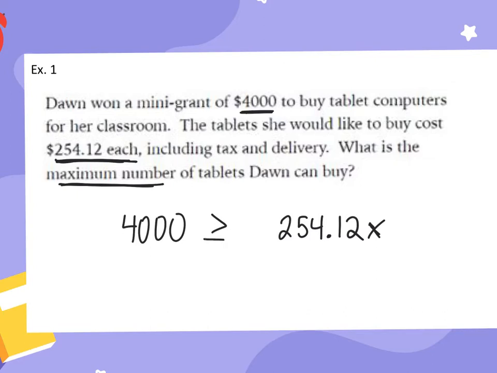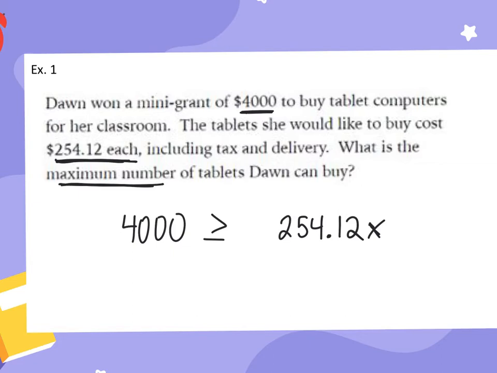So we should have put x on the left, but that's okay. We could flip it. We want our $4,000 to be greater than or equal to the amount we're spending on tablets. So the amount of money that we have is greater than what we're spending here. We don't want to spend more than what we have.